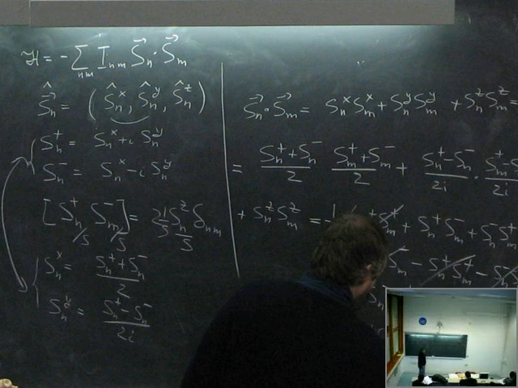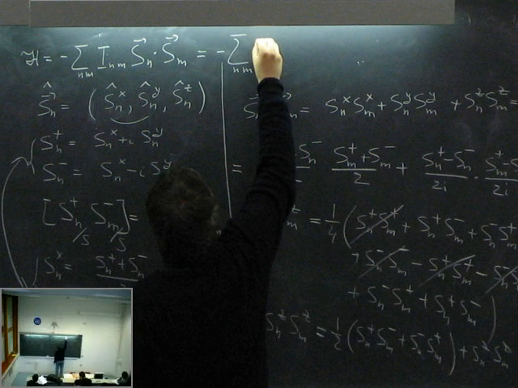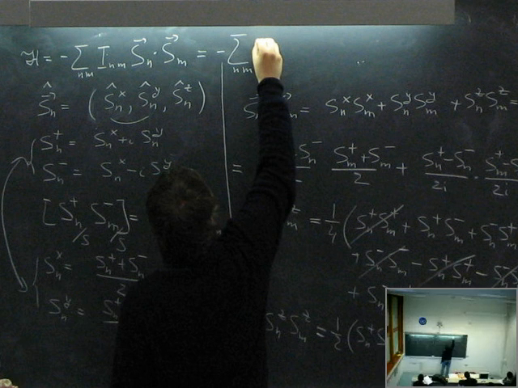If I plug it into the Hamiltonian, and let me do that, it is equal to minus the sum over n, m of I_nm S_n^z S_m^z.